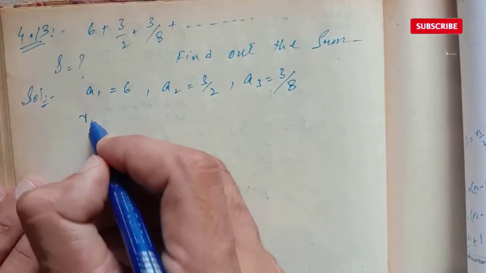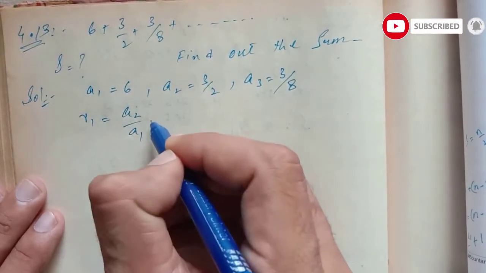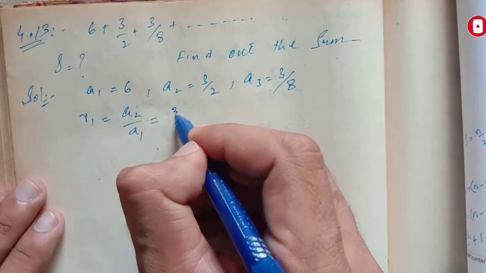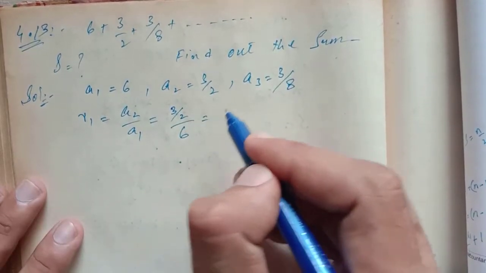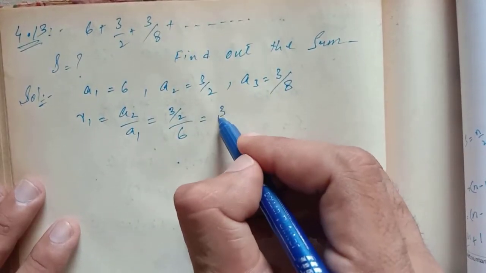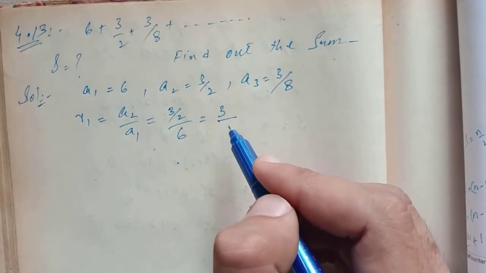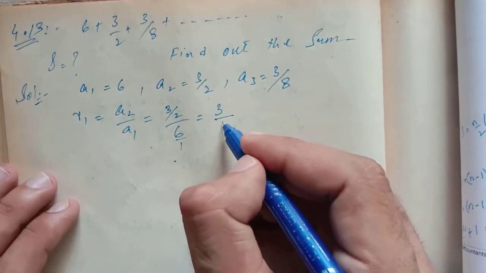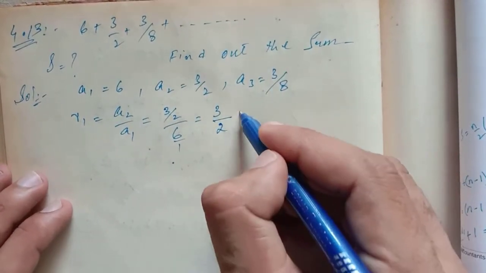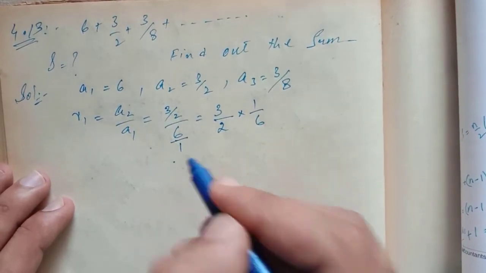So r1 equals a2 by a1, which equals 3 by 2 divided by 6, which equals 3 by 2 multiplied by 1 divided by 6.